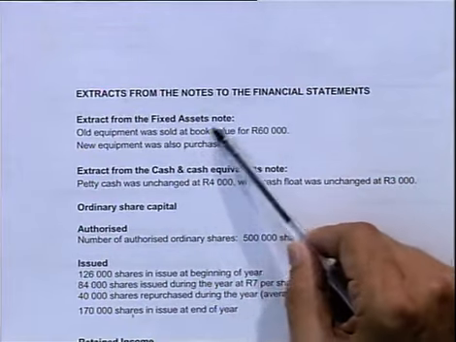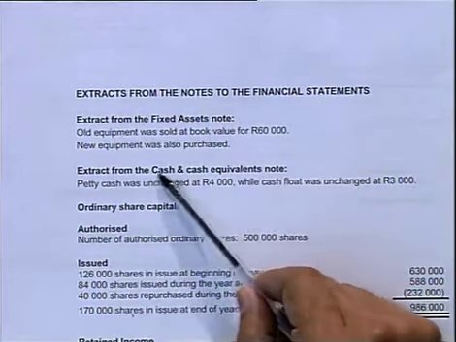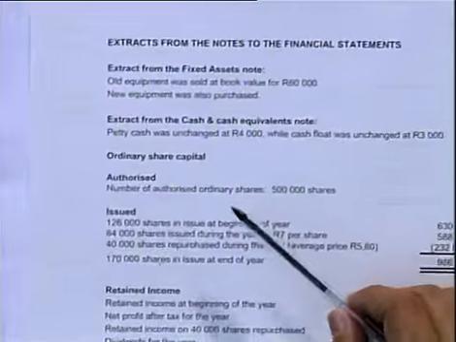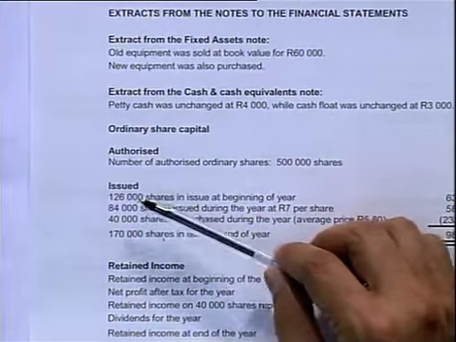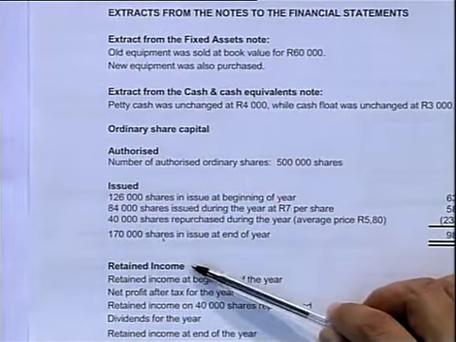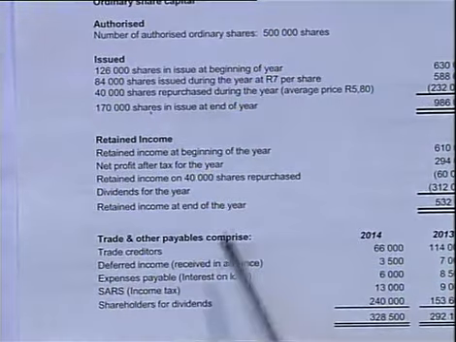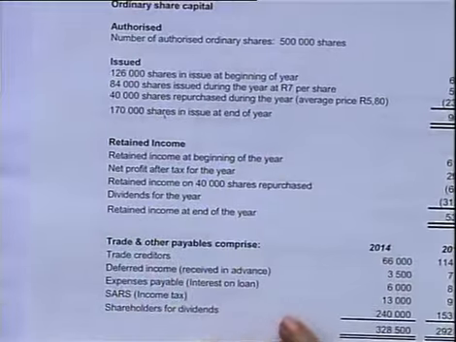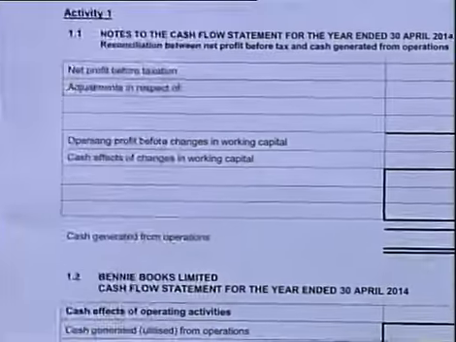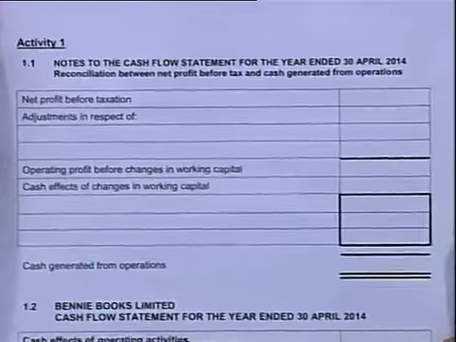There's a note on the fixed assets, there's a note for cash and cash equivalents, and there's a note for ordinary share capital, the issued, the retained income, and very important, there's a note for trade and other payables. So we're going to look at all this information. Why do they give us this? So that eventually we can draw up the cash flow statement on the answer sheet provided.